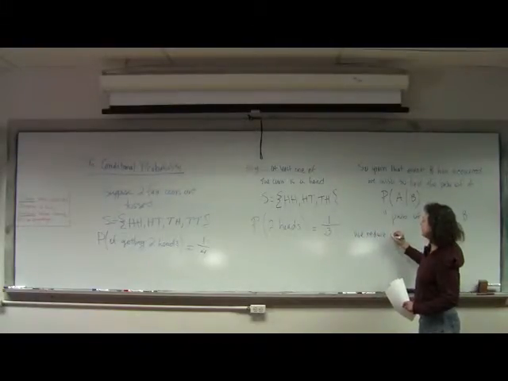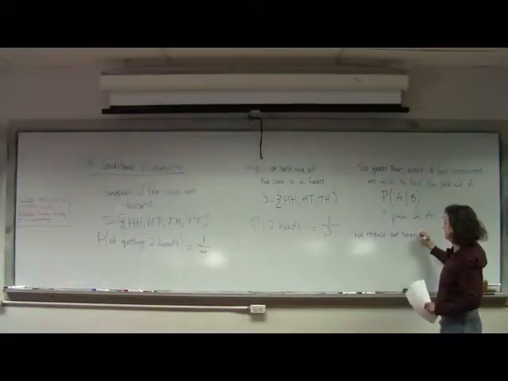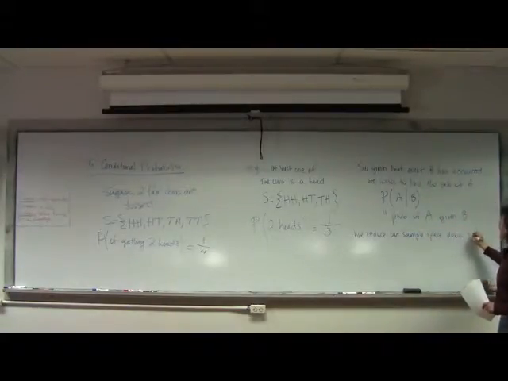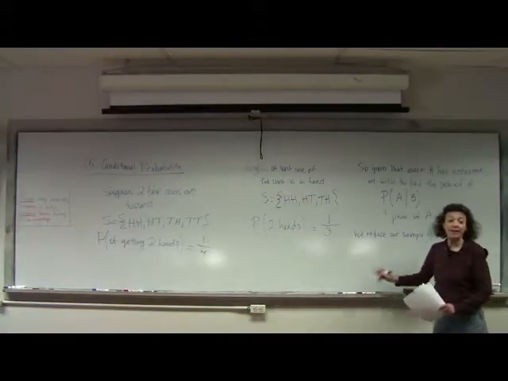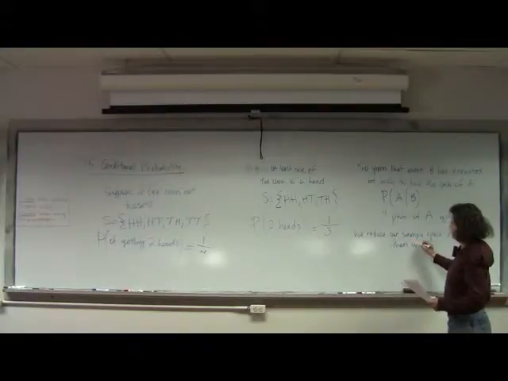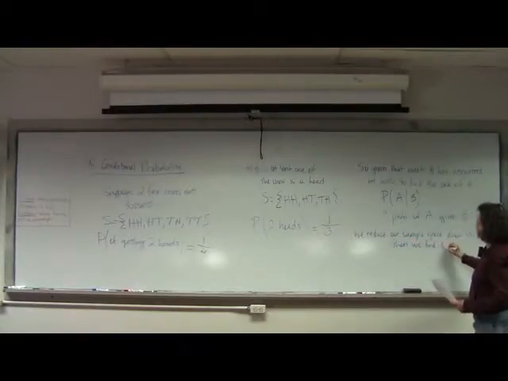We reduce our sample space down to B, and then with that new sample space, we find the probability of A.